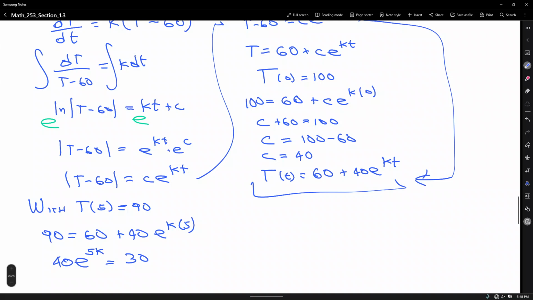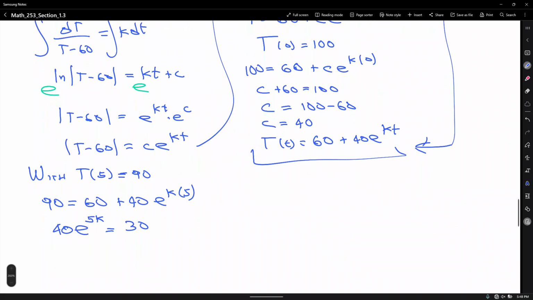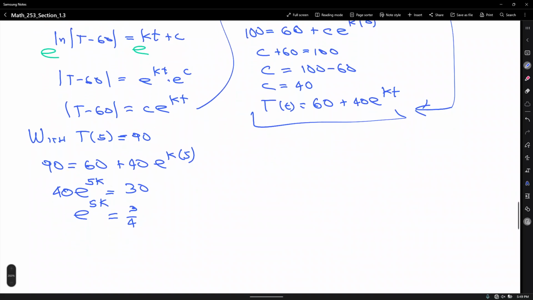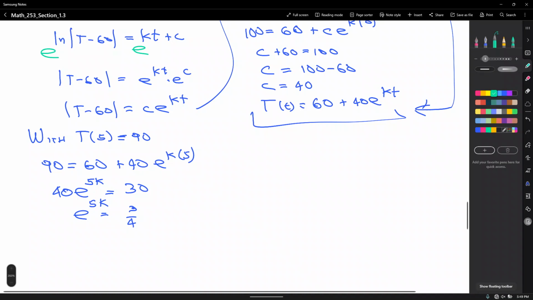I'm going to divide both sides by 40, so e to the 5k equals 3/4. And to get rid of the exponential, take ln on both sides.